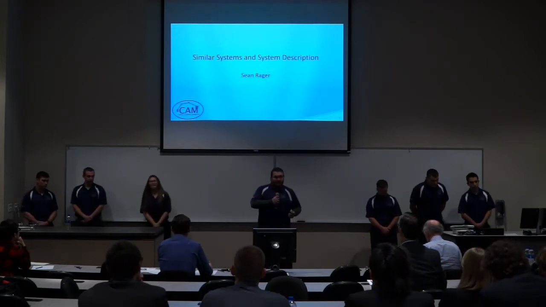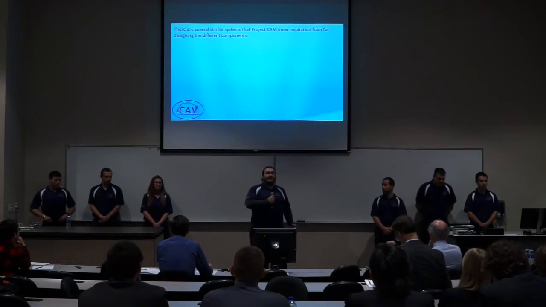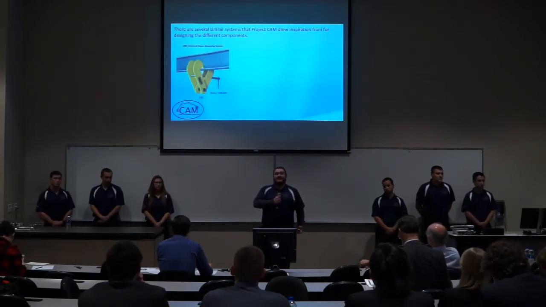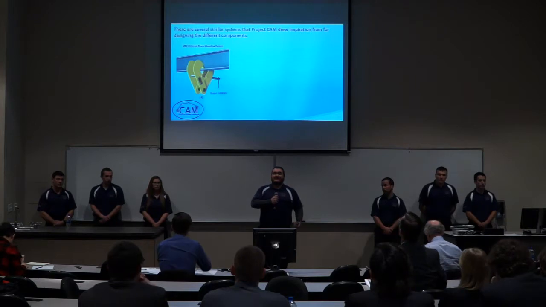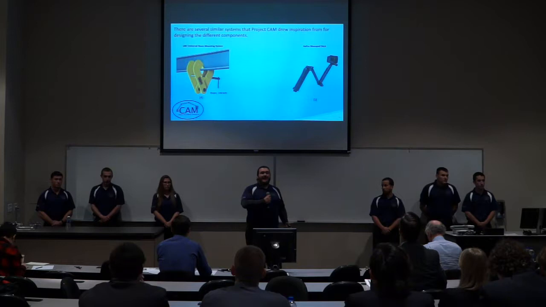I will pass it off to Sean Rager to talk about our similar systems and system description. Thank you, Daniela. So there are several similar systems that Project CAM drew inspiration from when we were designing the different components of our system. One of these was the UBC Universal Beam Mounting System. This drove some of the base design, as the beams that this attaches to are similar to the I-beam trusses on the ISS. Another inspiration was the GoPro monopod stick.